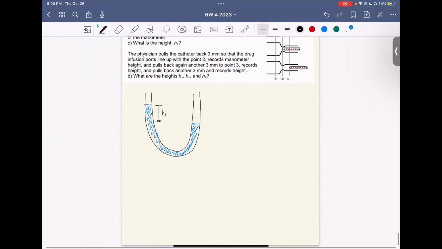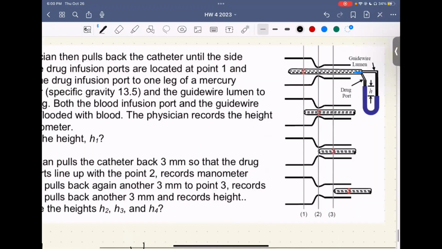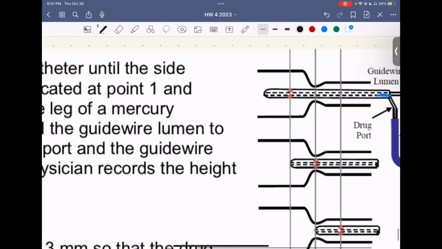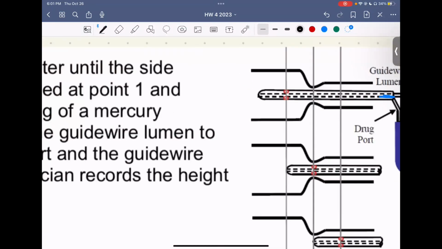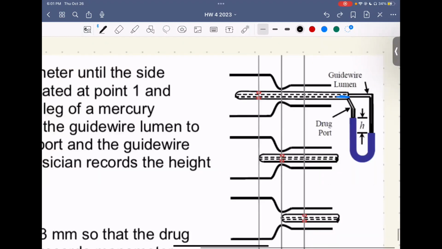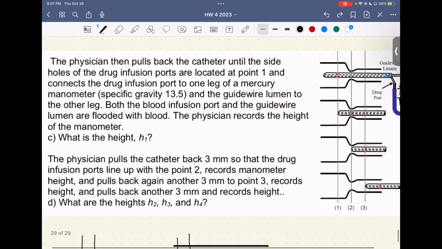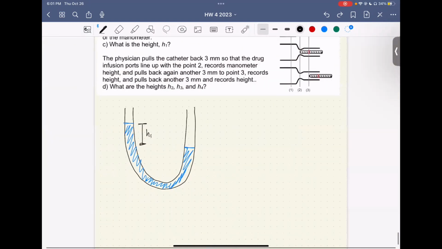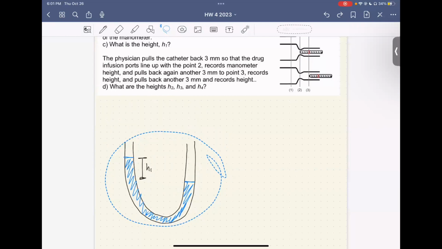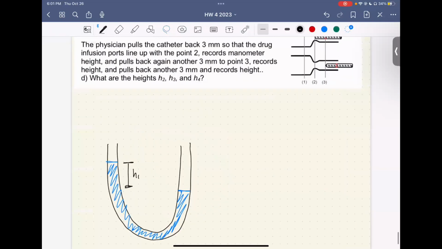And it looks like this left side is connected to the drug port, which is actually exposed to the system, right? So we know that we have some system-related pressure on the left side, okay? So the system, and I'm going to draw it up a little bit more, so on this side we have something related to the system.